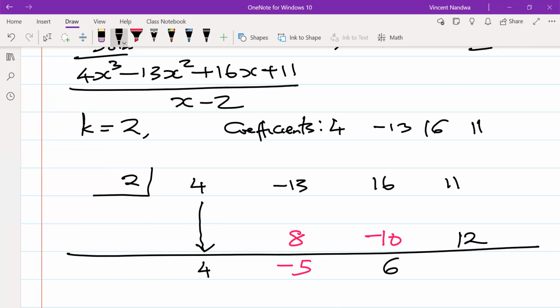Are we subtracting or are we adding? Just ask yourself, how did you get 6 from 16 and minus 10?